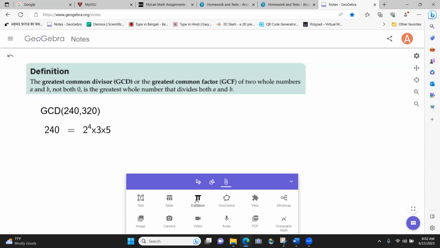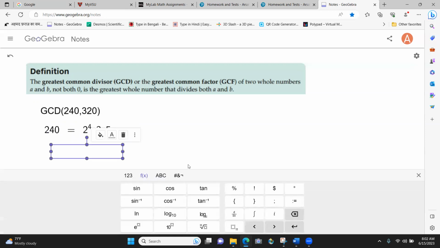Let's do the same thing for 320. 320 is 32 times 10. None of them is a prime, but 10 is 2 times 5, and 32 is 4 times 8. Now, 4 is 2 to the power 2, 8 is 2 to the power 3, so this will be 2 to the power 5. Now there is another 2 here, so I'm going to write 2 to the power 6.